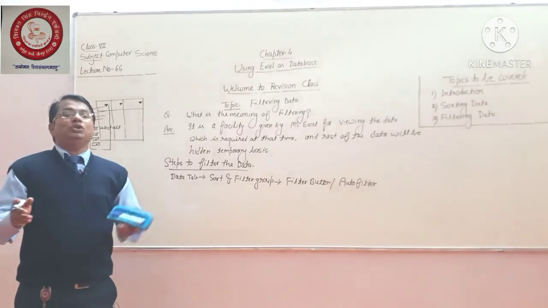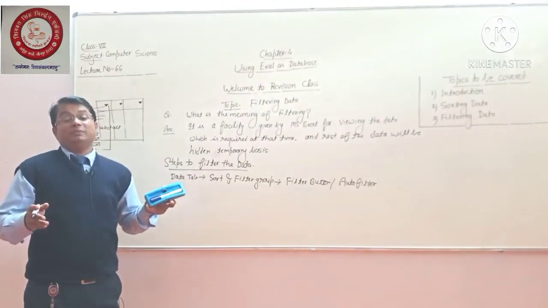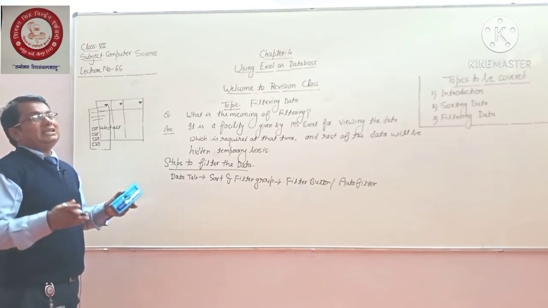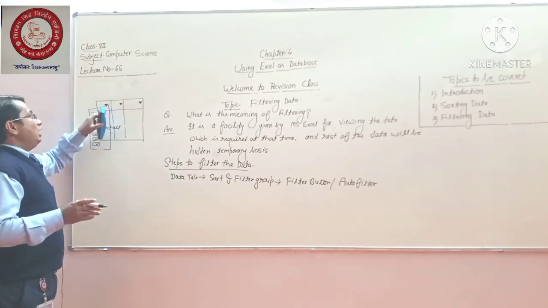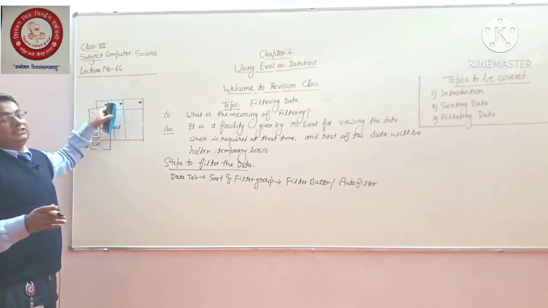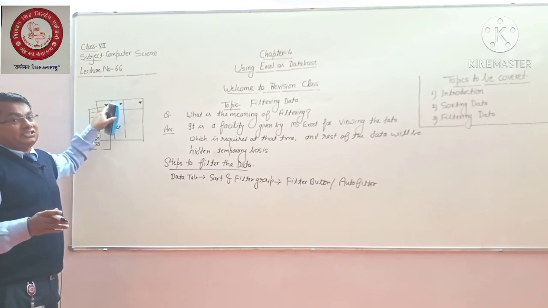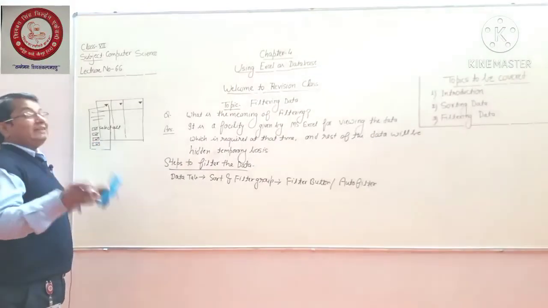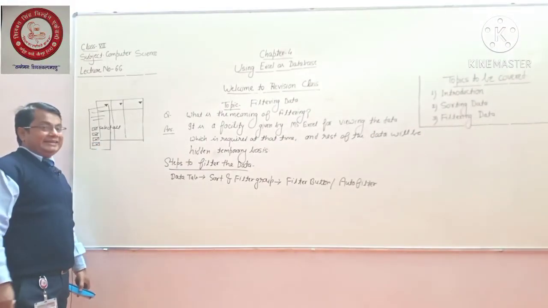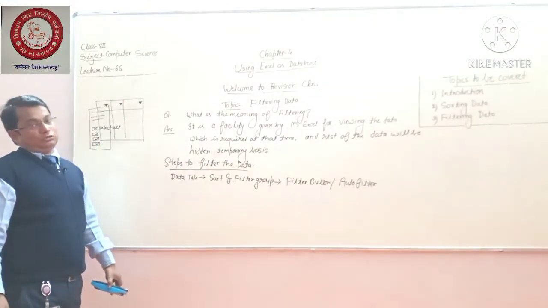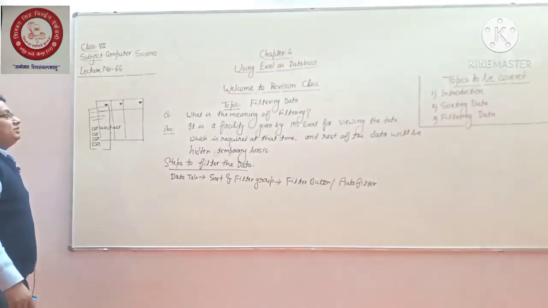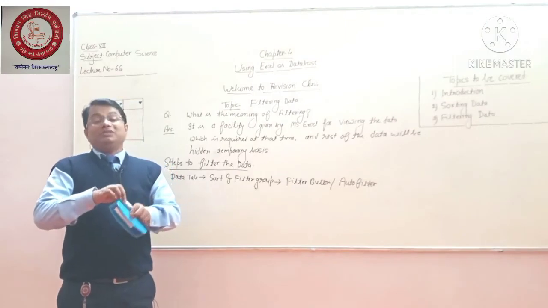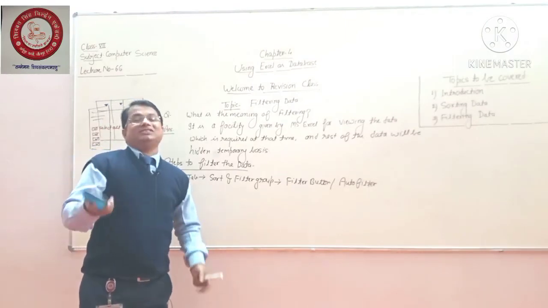In method number 2, once you select the filter option by using the Data tab and the Sort and Filter group, you click on the filter button that appears on the Excel sheet. Then you will have a list of options, and in that list you will get ascending or descending buttons also. Students, I hope each and everything is clear. Now I am going to proceed to the next thing.